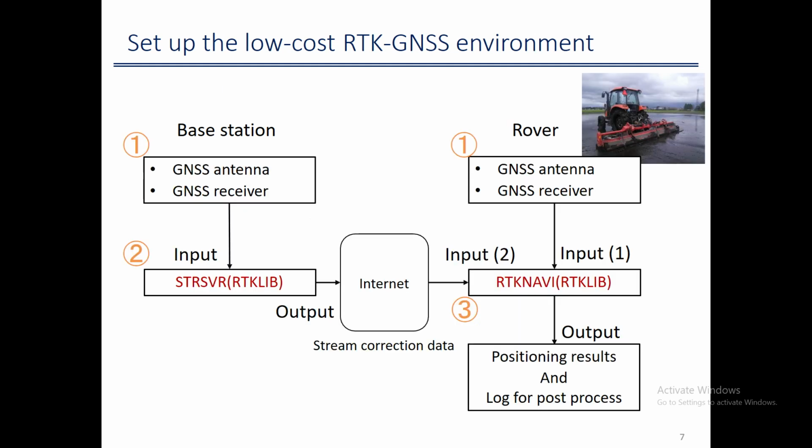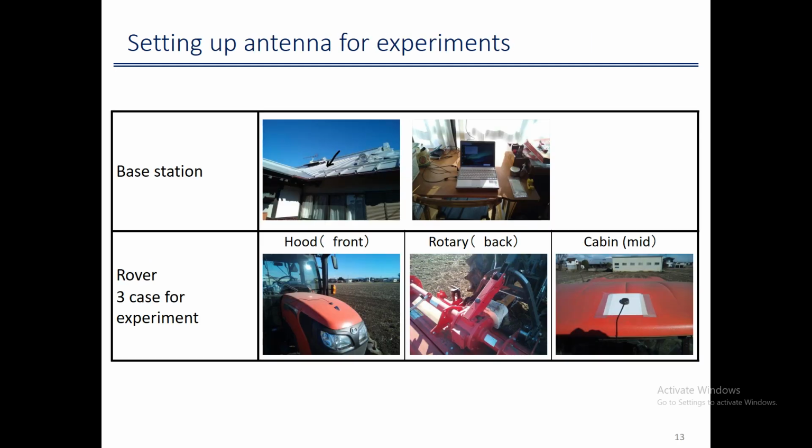Here is a setup for the base rover. This is just the input and the output of the base and the rover compared, but you see that you need internet connectivity. Next, setting up the base and rover, you can set up the base on a roof where there is open sky, so that the satellites are in space and the station can communicate.